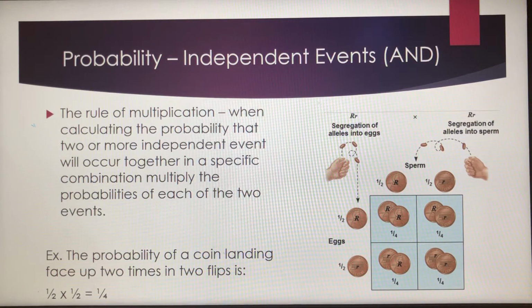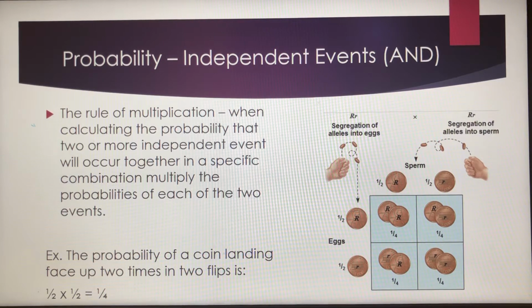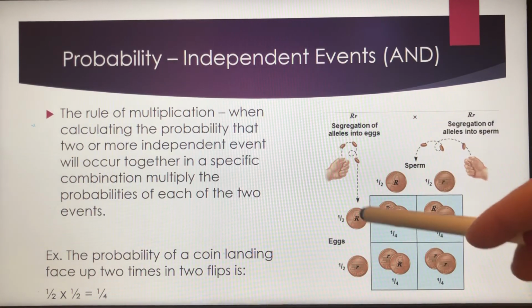So basically, the rule of multiplication is when we have two or more independent events that will occur together in combination. So this would be the idea of what are the chances, if you have two coins, that you're going to get heads each time. So that would be the big R here or the big R here.